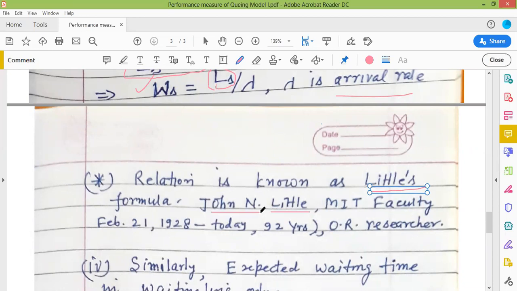If you want to see his bio sketch, you can see it on Google, but sufficient information I am providing you here.